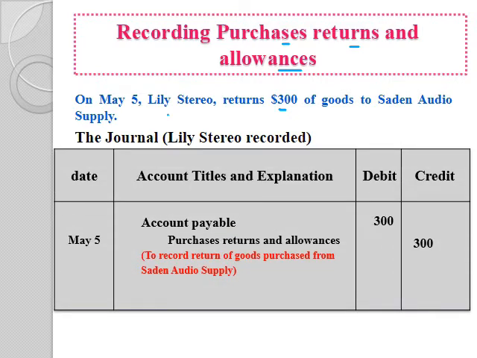Record in the journal: purchases returns and allowances normal balance is credit because it is the reverse of purchases, and purchases normal balance is debit. So record in the credit side purchases returns and allowances, the amount in the credit column $300.